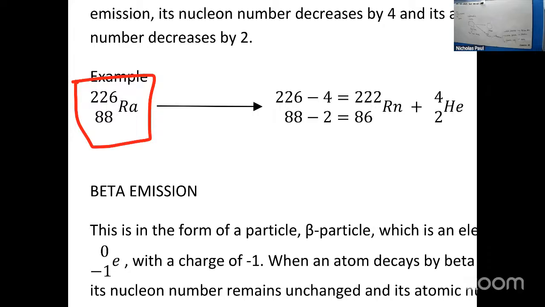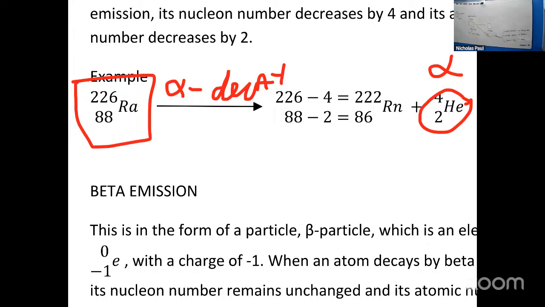Radium is 226, 88, right? So if radium undergoes alpha decay, once you see that symbol, that means alpha. Once it undergoes alpha decay, you'll see an alpha particle being produced, and the mass number dropping by 4, and the atomic number dropping by 2.